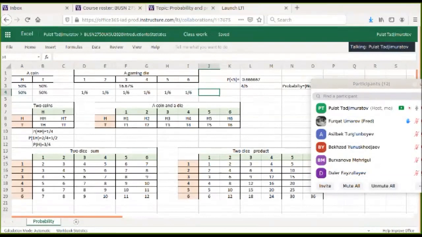You did not count all the outcomes. If you get more than 1, then you definitely have an error in your calculations somewhere. So that's a quick way of checking whether you are doing everything right or not.